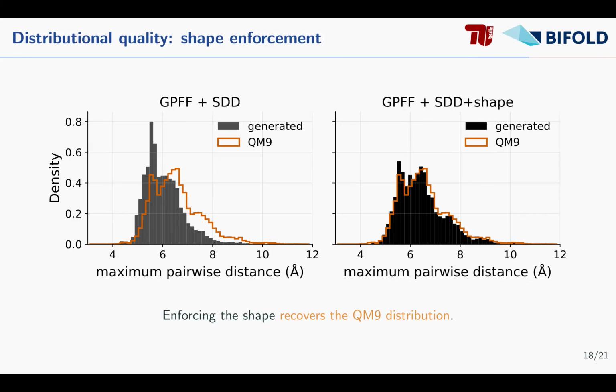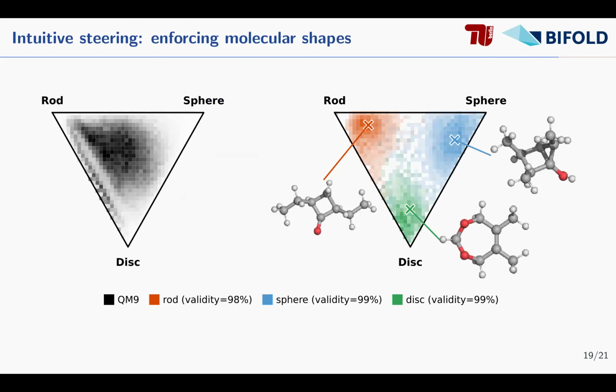Next we thought, we cannot just use this as a fix for the distribution bias, but this could also be a feature of our method, because we could target any kind of shapes that we're interested in. So we tried this with an intuitive steering approach. The idea is that we map all molecules of QM9 onto this triangle of rod, sphere, and disk shapes.